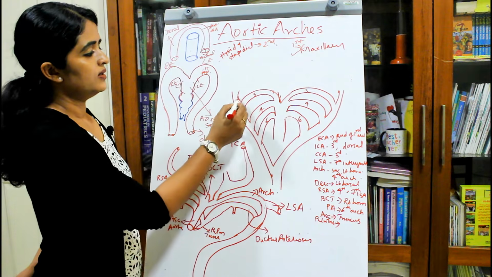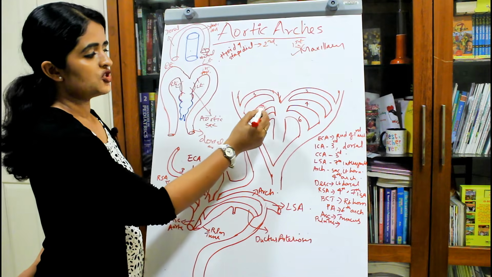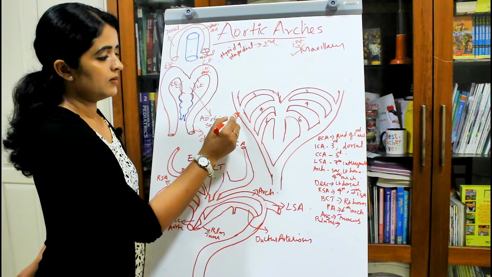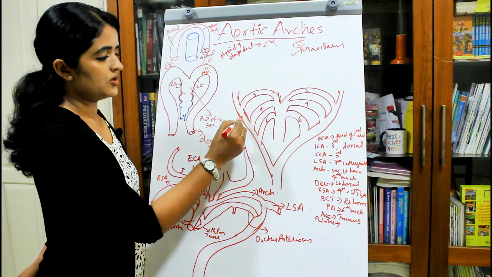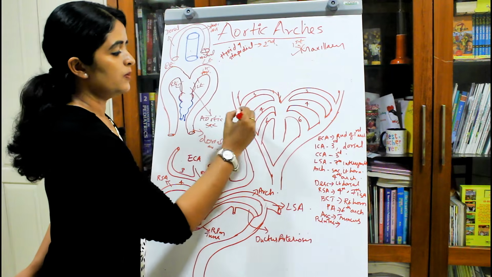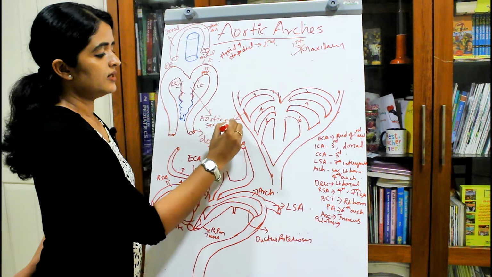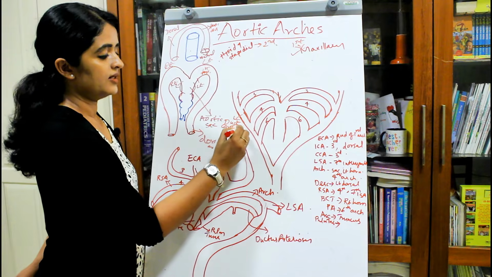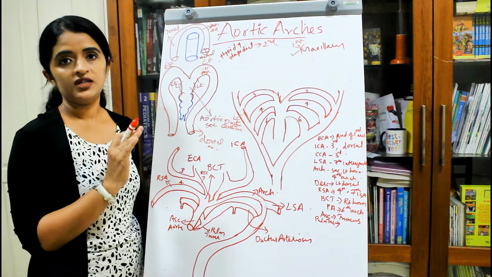So there is the third arch, there is the fourth arch. There is a connection between the third and fourth arch. So this portion is actually the dorsal aorta, right? This portion is known as ductus caroticus, or carotid duct.